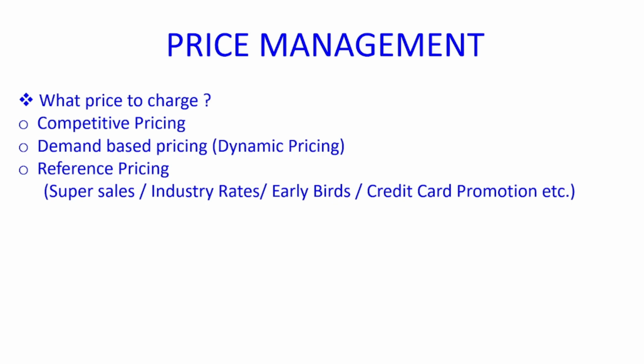So when we launch a super sale, we usually give a 50% discount or 40% discount from the reference rate or rack rate. When we give an industry rate, we give a 30% discount from our reference rate or rack rate. When we give an early bird rate, we give a 10% or 20% discount from this reference rate or rack rate.